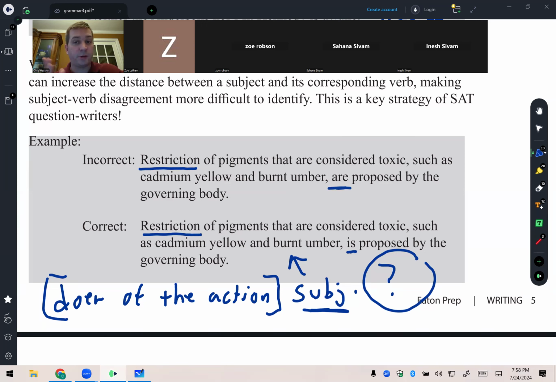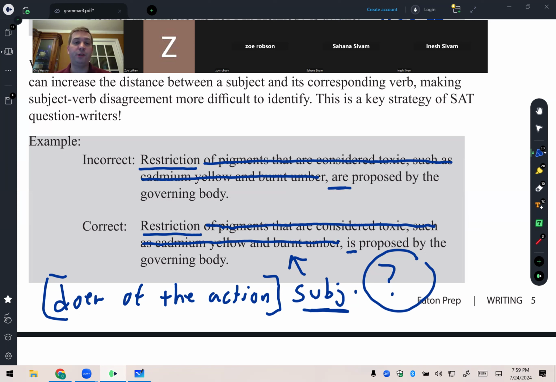And now I'm getting to my strategy. What if we just removed the prepositional phrase? This is all there to create space. This is all there just to confuse you. This whole prepositional phrase, they're just trying to create space between the subject and its verb. So I'm just going to temporarily take it off. We don't need it. It's not going to change the sentence. All right, so which one sounds correct?